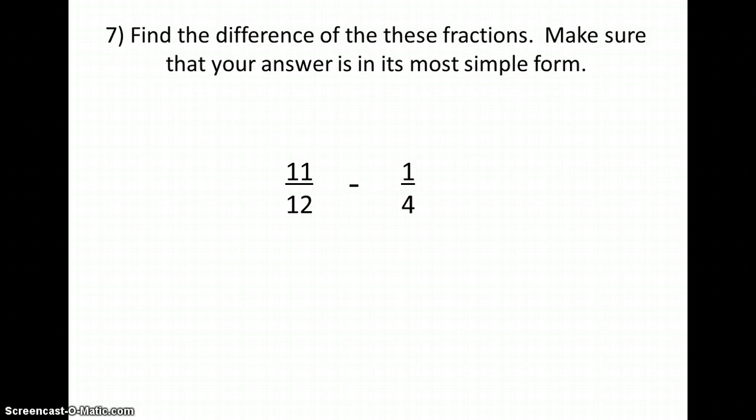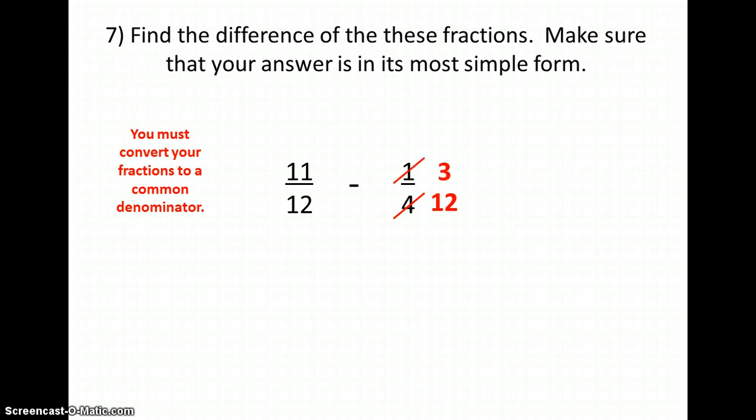Subtraction works the same way as addition. I need to find a common denominator. Since 12 and 4 can both go into 12, that's the least common multiple, I only need to convert 1/4. 4 times 3 is 12, so now I need to multiply the numerator by 3. 1 times 3 is 3. Now, just like with addition, I'm only going to compute the numerators.